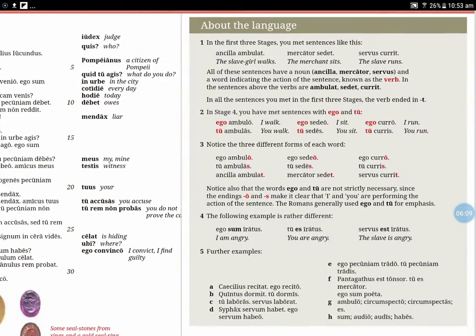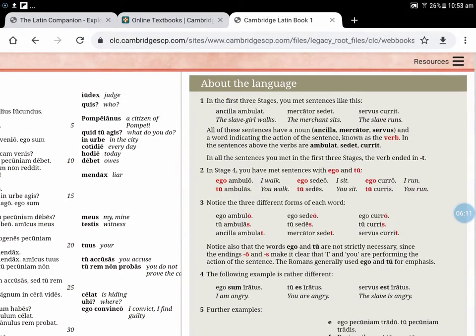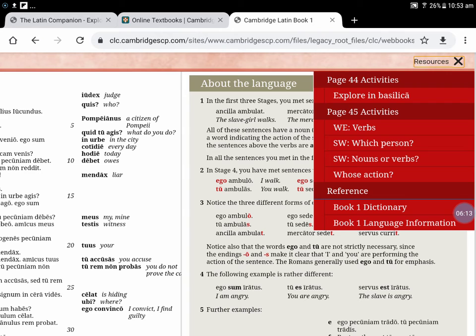That's all very straightforward. But let's look at the resources here. You've got various things you can do in this stage. It's never clear what WE stands for, but I think it stands for word endings.